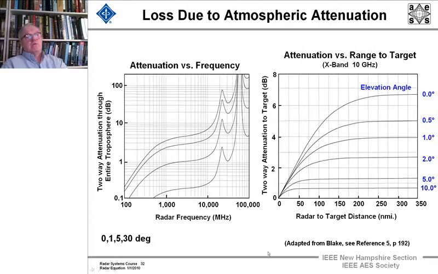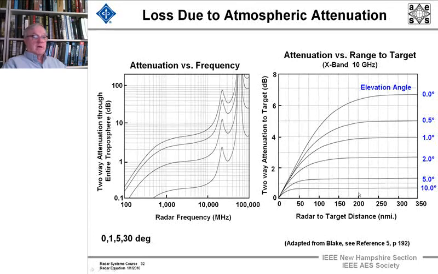A lot of times, if you have an aircraft as your target, its distance is much less than through the entire atmosphere. These curves are for X-band, 10 gigahertz. They show the two-way attenuation in dB to the target, where the target to radar distance is, say, 200 miles.